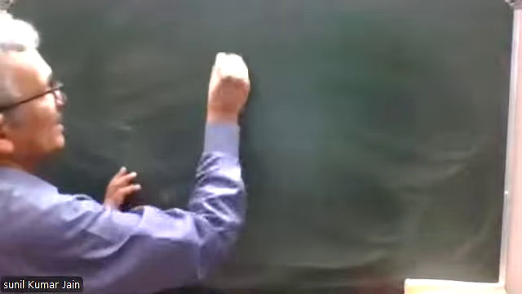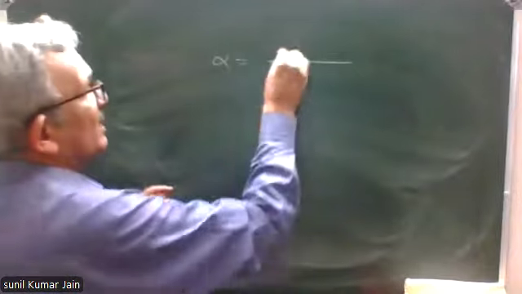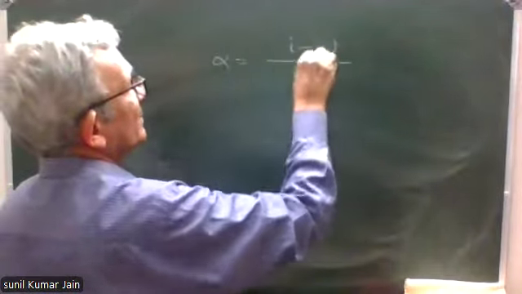Next paragraph. For partial association, i and alpha are related as follows. alpha is equal to i minus 1.